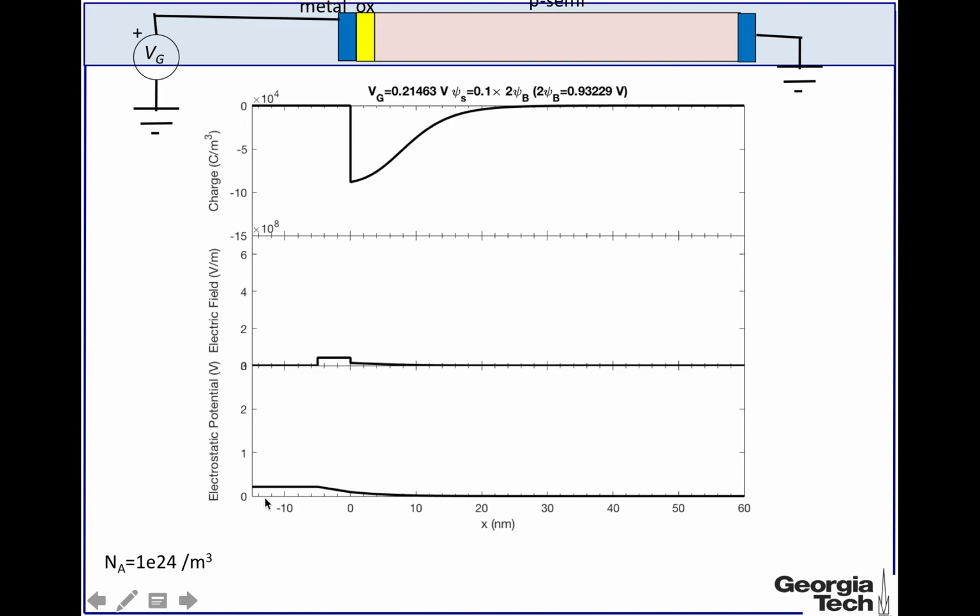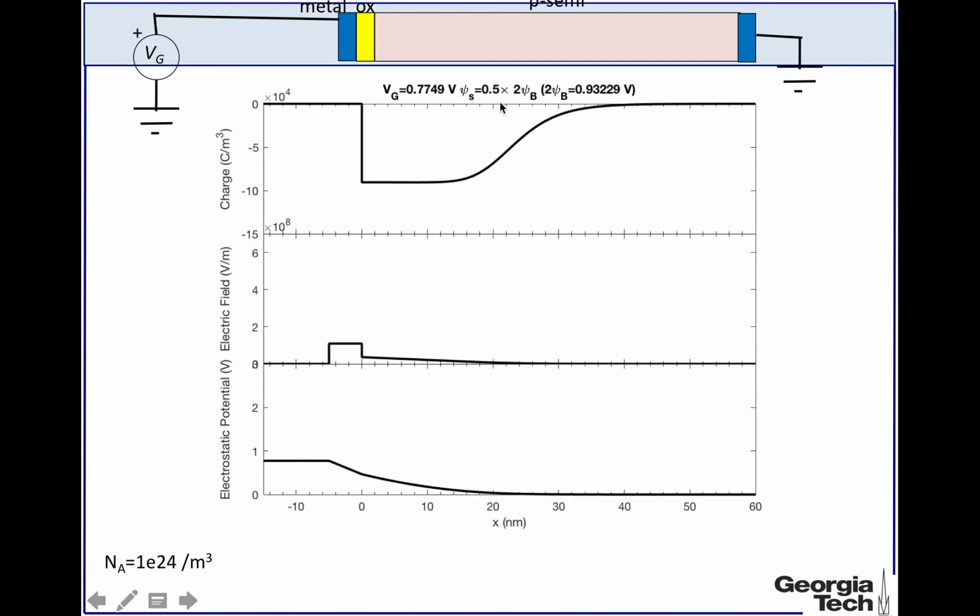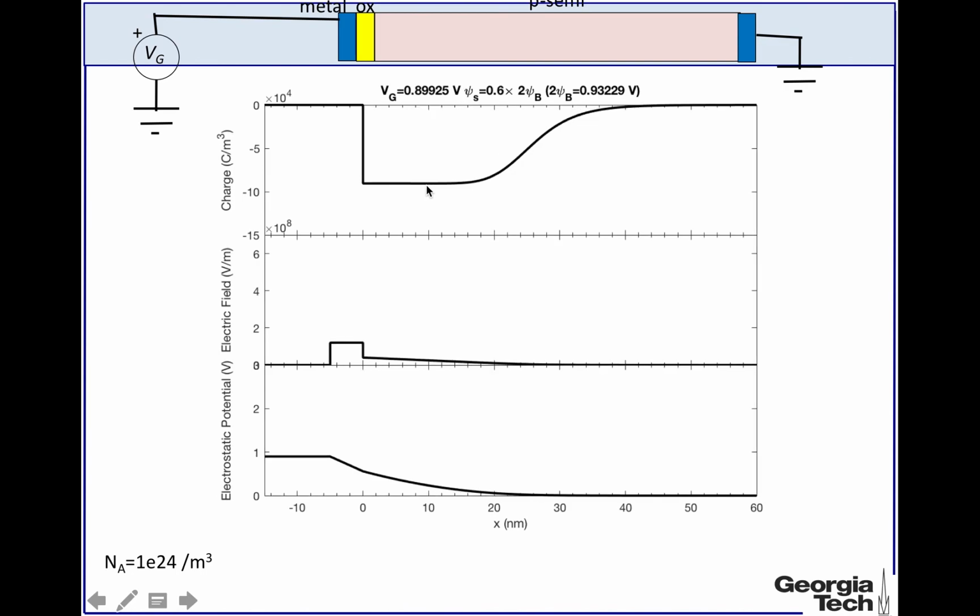Alright, so now if we keep on increasing, what you can see is that the width of this depletion region, the extent of the region where the charge is actually changing, increases. And as you keep on increasing the voltage, the depletion region will increase, but you see the magnitude of the charge is actually constant. So this is a depletion charge.